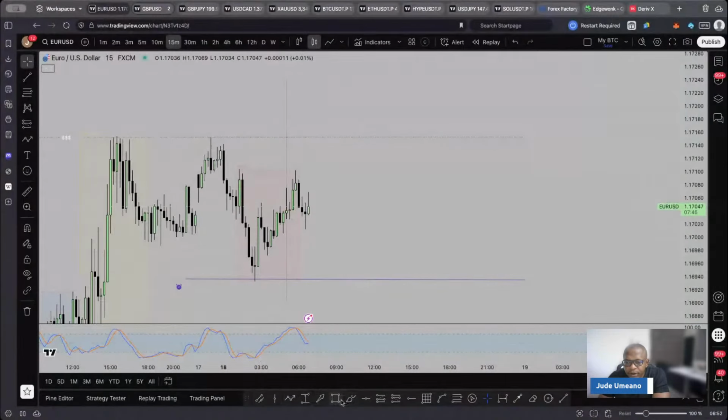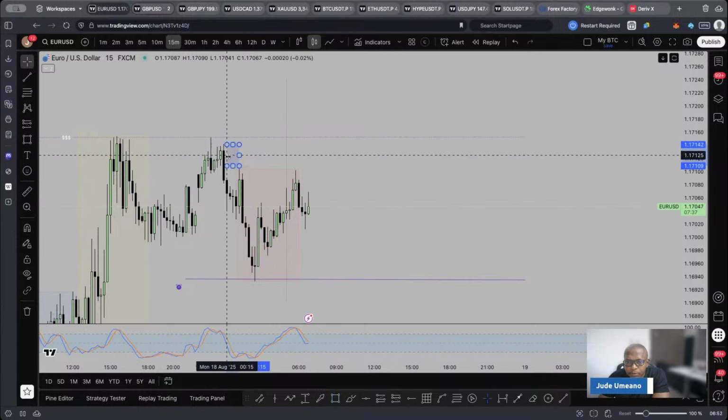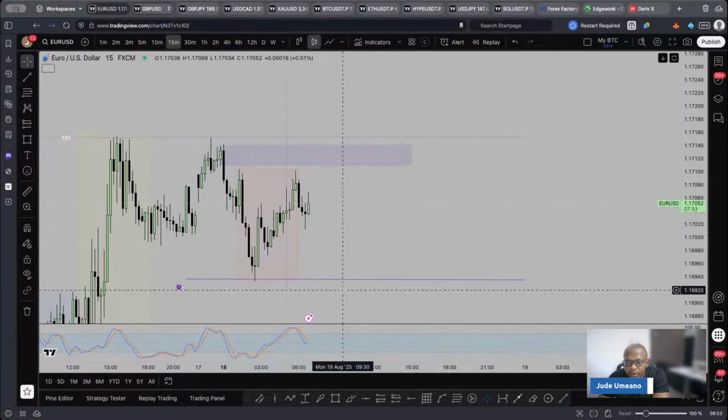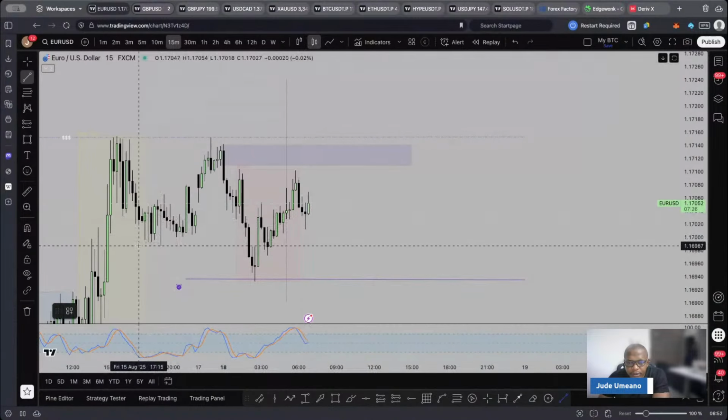But if we investigate further here, there is a supply here, and we have a break of structure this way.